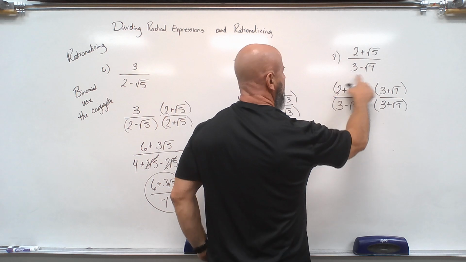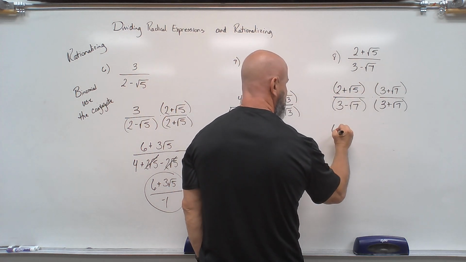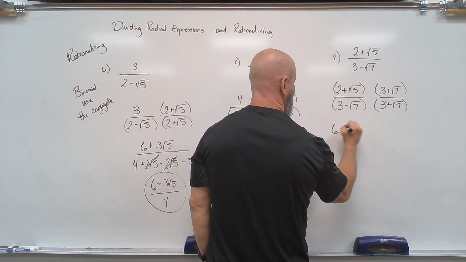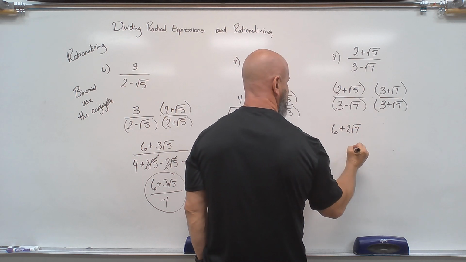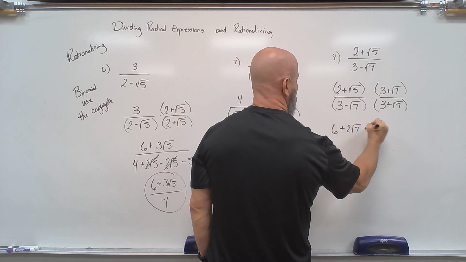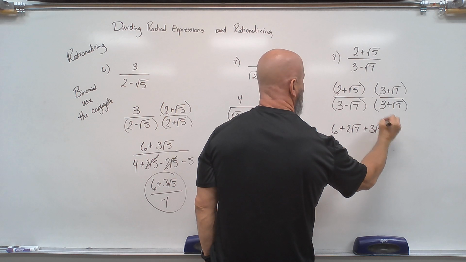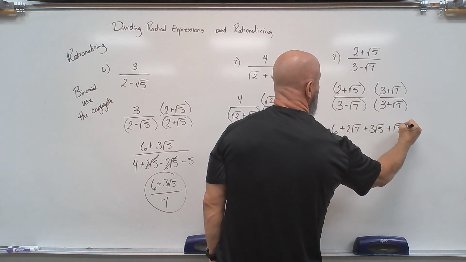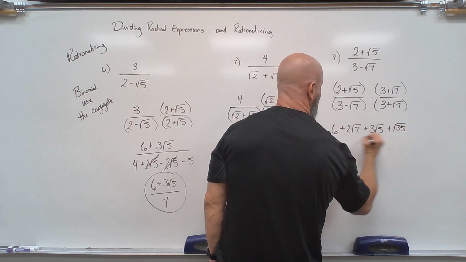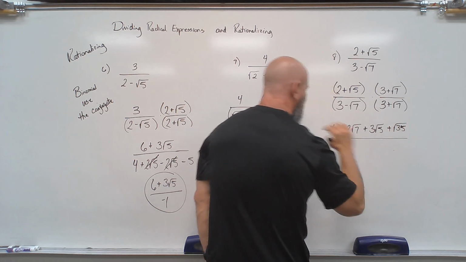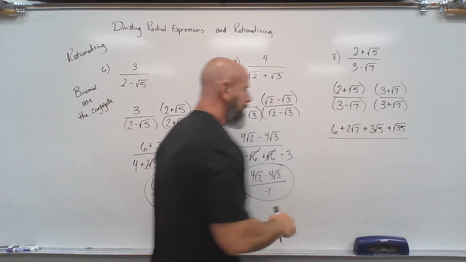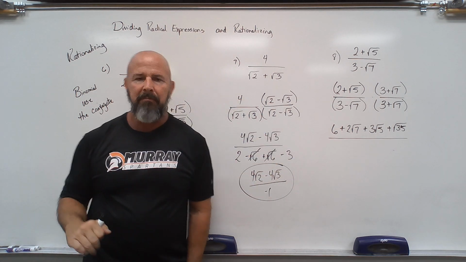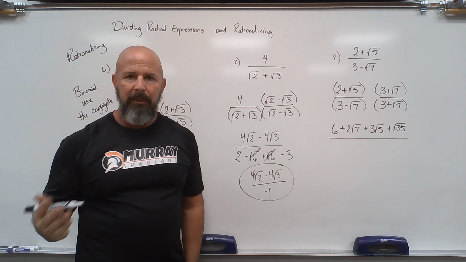So in the numerator, 2 times 3, 6. 2 times root 7 plus 2 root 7. 3 times root 5 plus 3 root 5. And root 5 times root 7 plus root 35. Those are both on the inside. Over. Now I don't see any like terms up there. That's okay. There's nothing I can put together. If there was, I would.